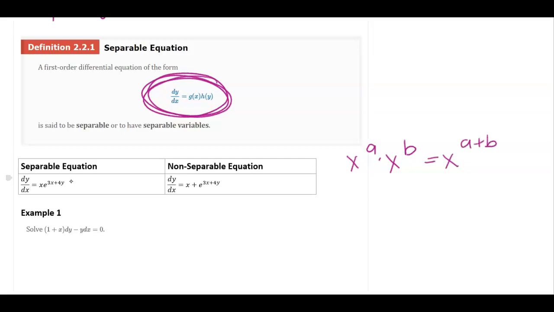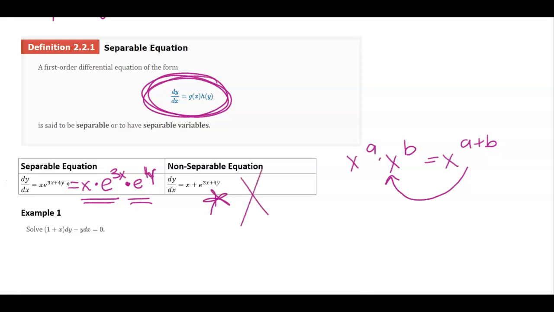Well, if you are adding exponents with one base, it's true that you can separate them with multiplication this way. So we could rewrite this as x times e to the 3x times e to the 4y, excuse me. And so now this is a function of x times a function of y. However, if there was an addition between those two, there's no way for us to then separate these into a function of x times a function of y.